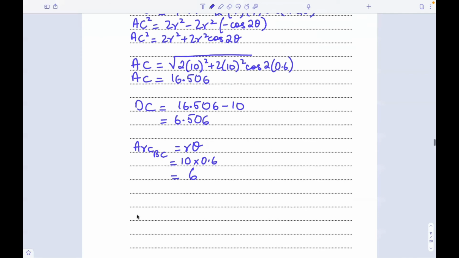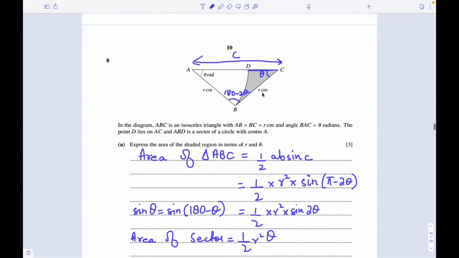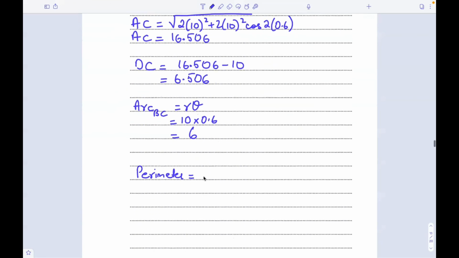Finally, for the perimeter, we add all the three lengths. So the perimeter would be the sum of the three lengths, and one of the lengths is R, which is known. We have the length of DC and the arc length BD. So it would become 10 plus 6 plus 6.506. So 10 is the radius, 6 is the arc length, and 6.506 is the length of DC.